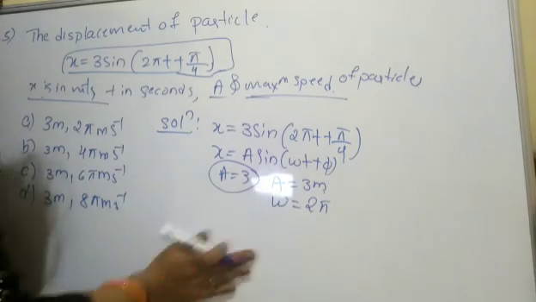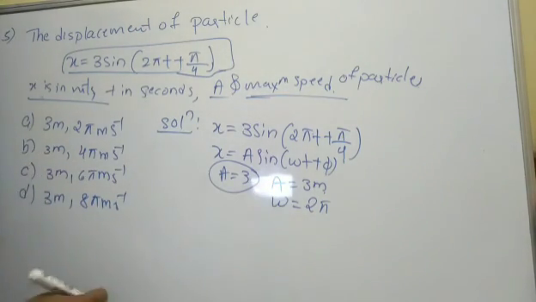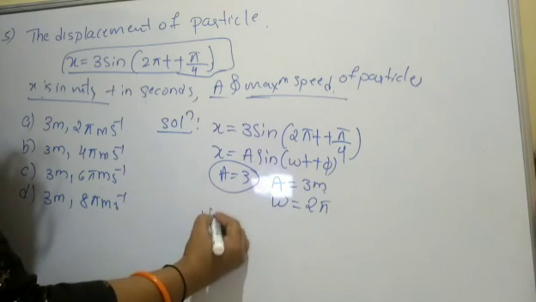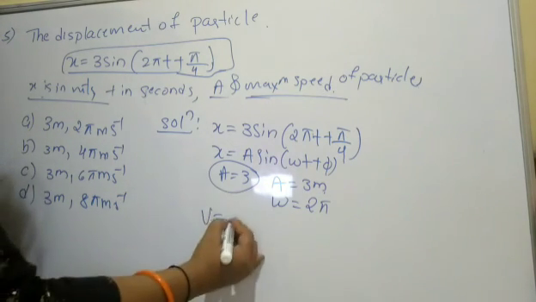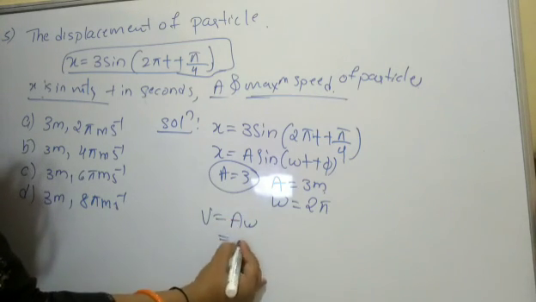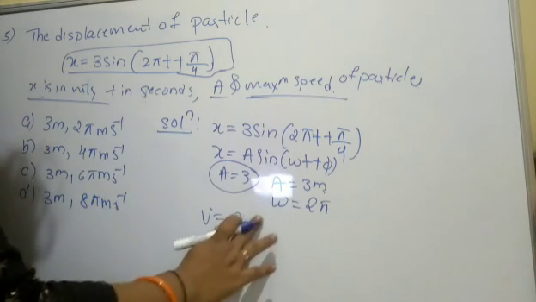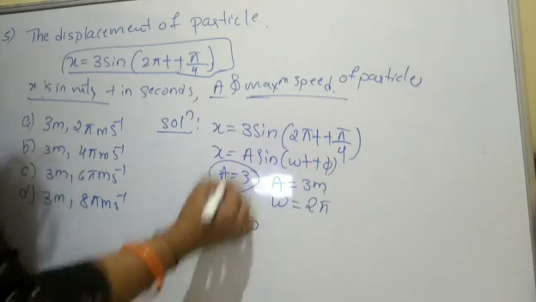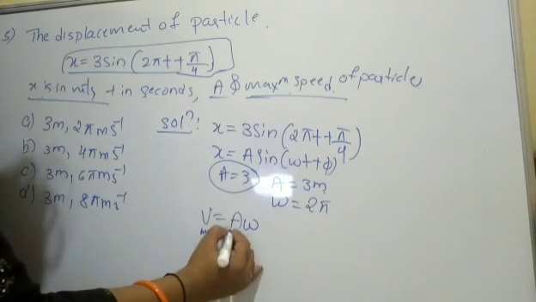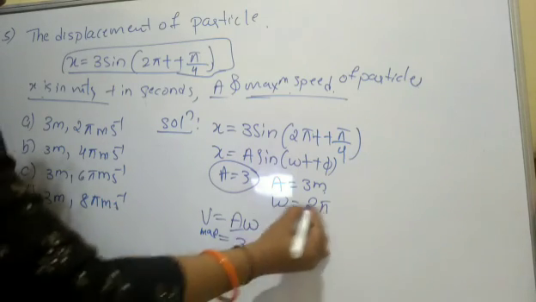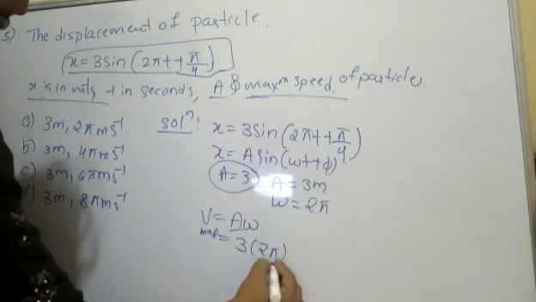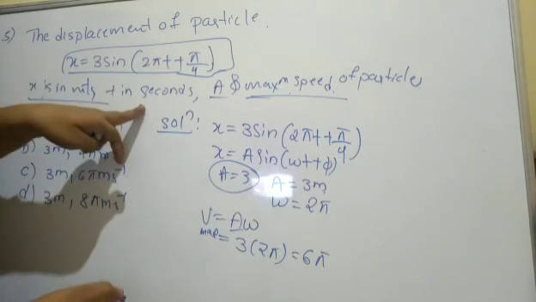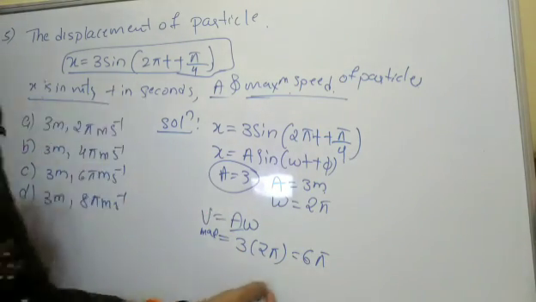So let us go ahead with the next part, that is maximum velocity or maximum speed. Just now we have discussed, that is a omega. A is 3, omega is 2 pi. So that means 6 pi.